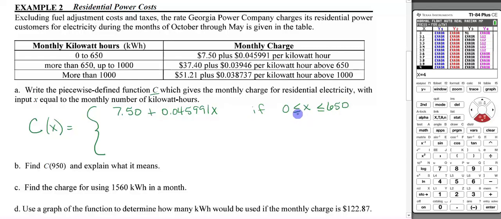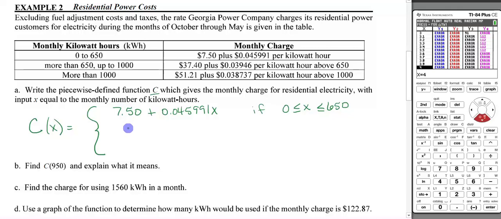Yes, we want the equal to there. If you have electrical service, it doesn't matter if you don't use it, you will still be charged. So even if you're using 0 kilowatt hours, put 0 in for that x. You don't get charged that extra amount, but you do get charged $7.50 just for having the option of turning on a light switch and it works instantly.